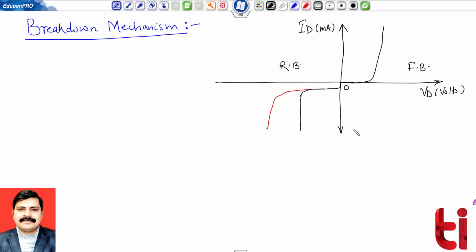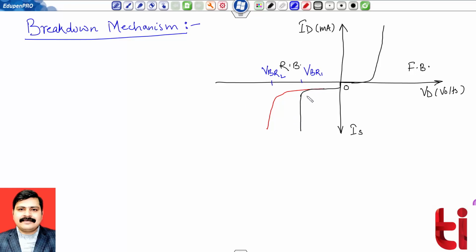Obviously, this is the reverse saturation current denoted as IS. So there are two voltages. Suppose I am referring to VBR1, breakdown voltage 1, and VBR2.